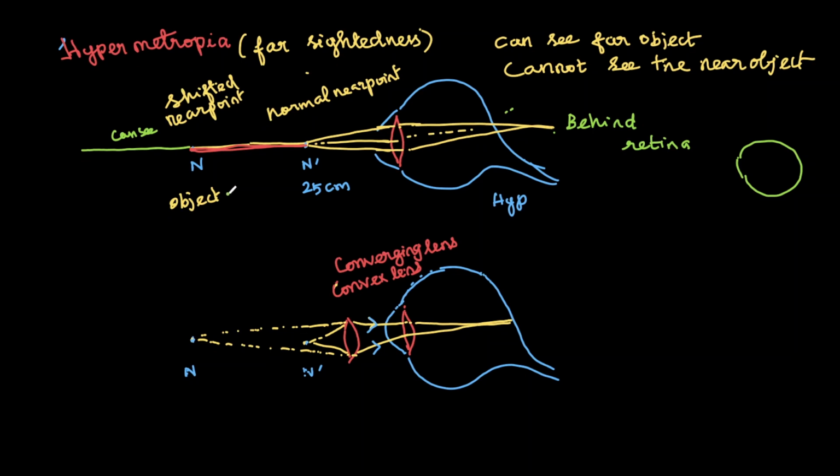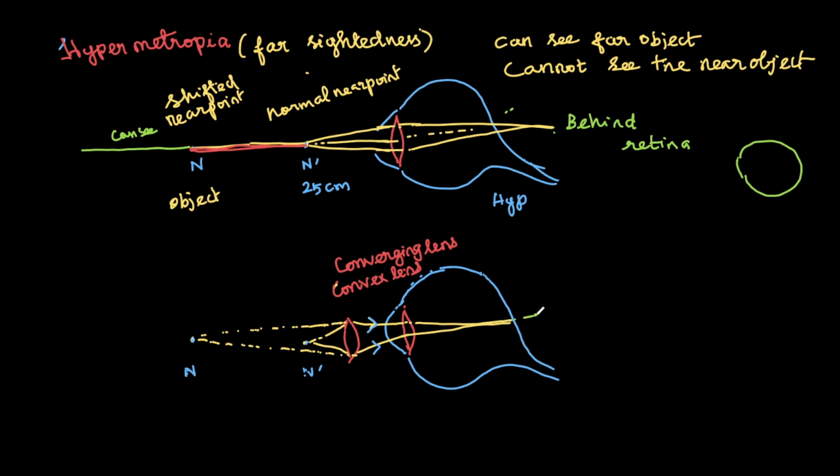How can we correct this defect? By using a convex lens. A convex lens is a converging lens. The nearby object can form its image on the retina because when the light from the object falls on the corrective convex lens, it will be converged to the eye lens, and then the eye lens is able to focus the light on the retina.